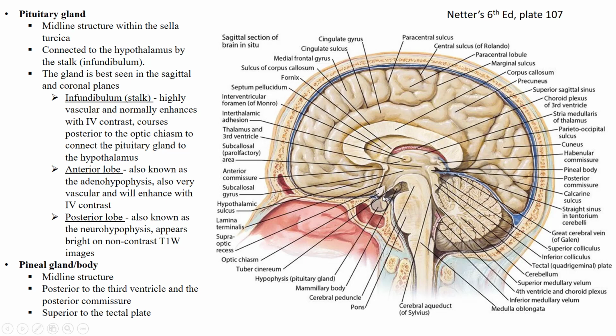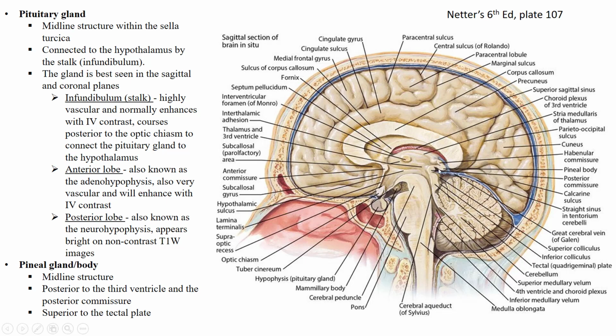The infundibulum runs down to the pituitary gland, the adenohypophysis and the neurohypophysis. And then just posterior to the hypothalamus are the mammillary bodies, and they are anterior to the cerebral peduncles. So there you go, the mammillary bodies. Those are pretty easily seen on a midline sagittal view. We almost always see those.